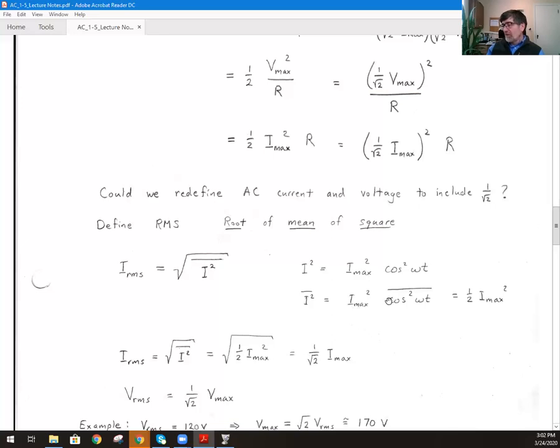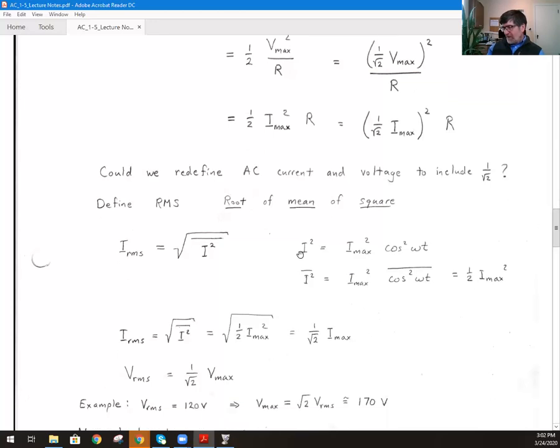And the time average of cosine squared omega t, again, is just 1/2. That's where you get that factor of 1/2. So here it was squaring it, then I was taking the mean, and the next thing I've got to do is take the square root of it.